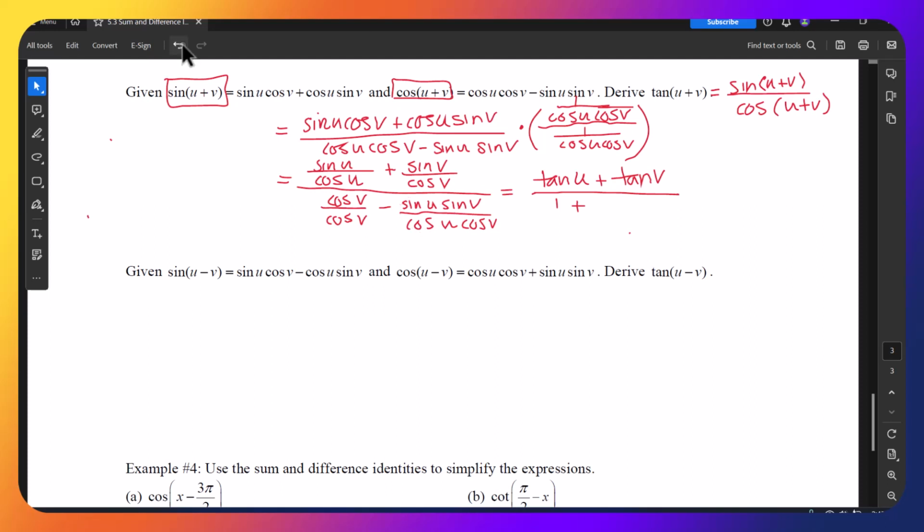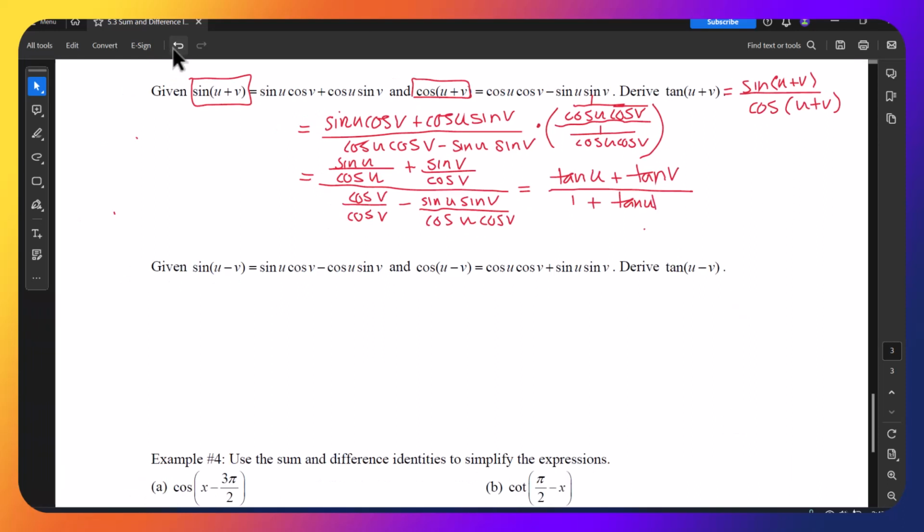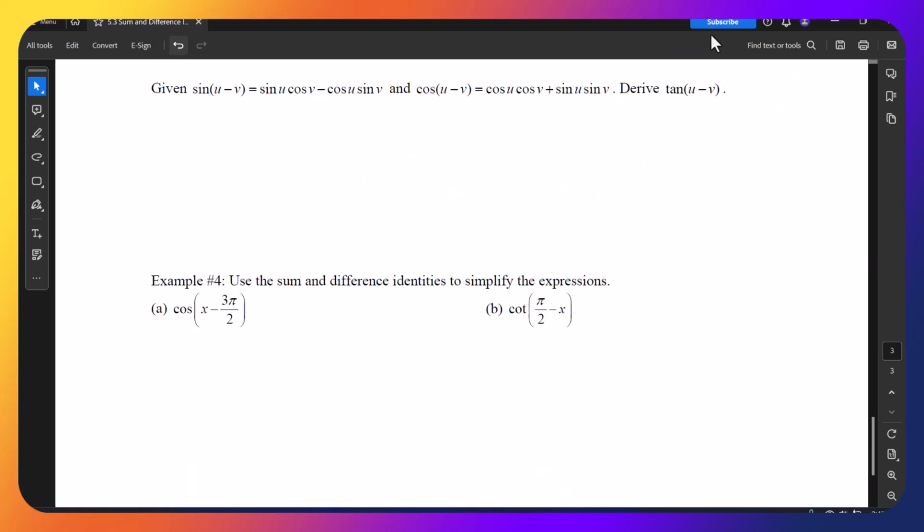This quantity is tan u, and then the next one, sine v divided by cosine v, is tan v. This concludes our proof.